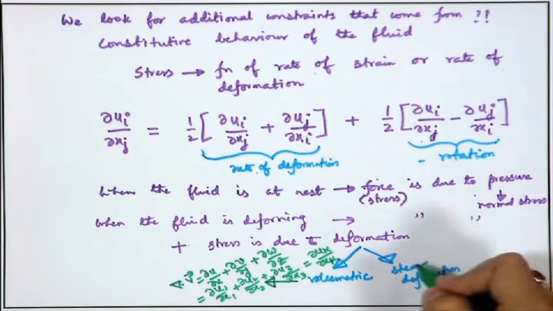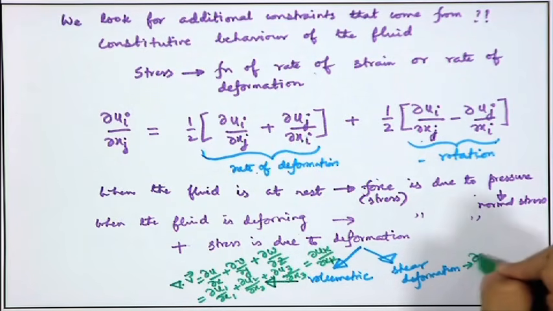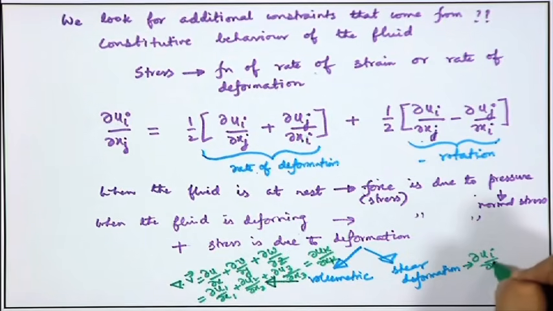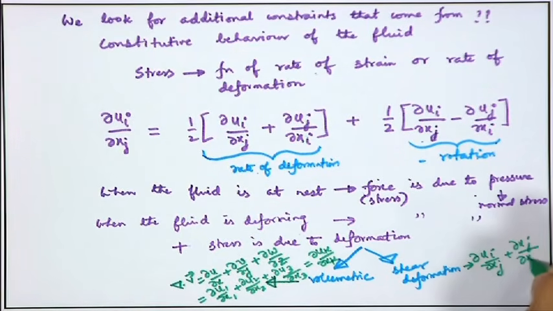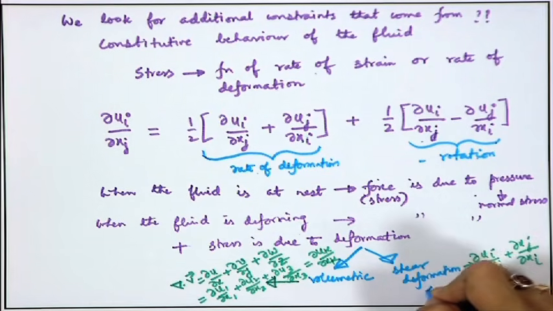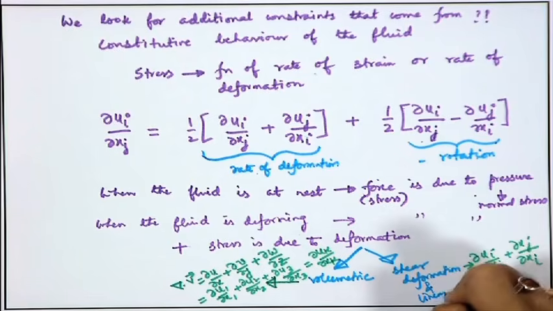And the shear deformation is related to del u i del x j plus del u j del x i. In fact, this represents shear deformation and also linear deformation. Why?